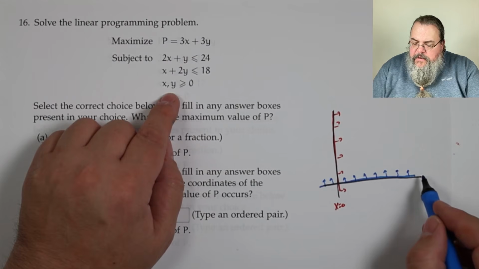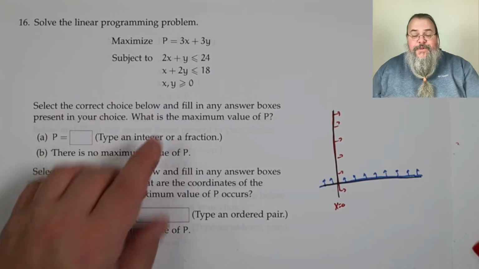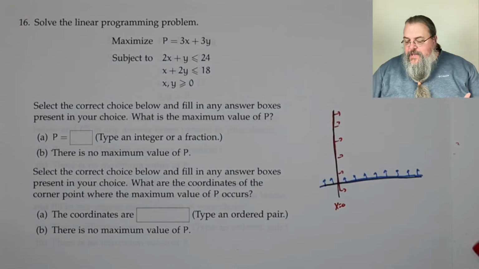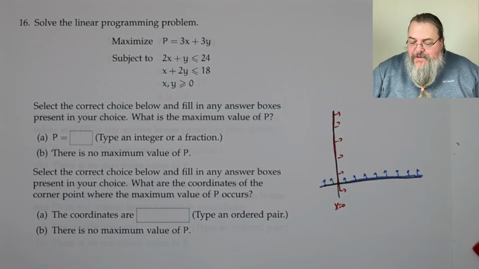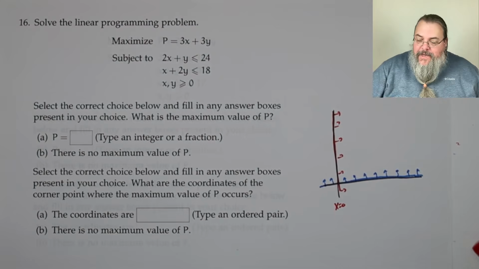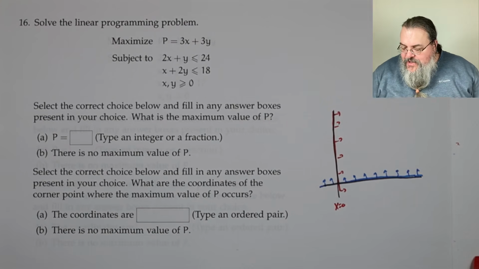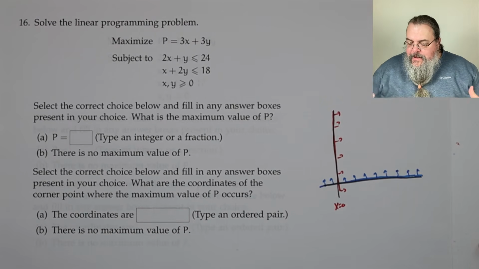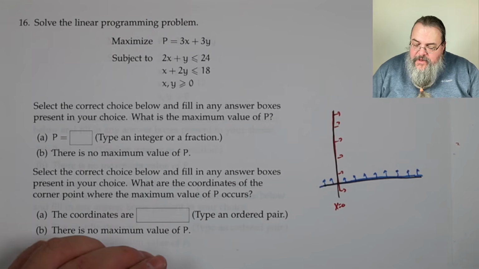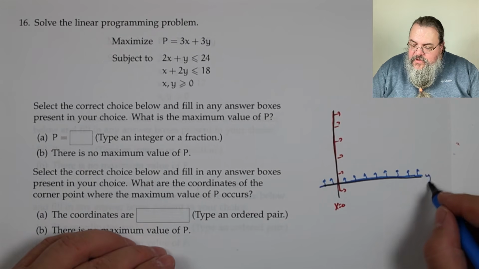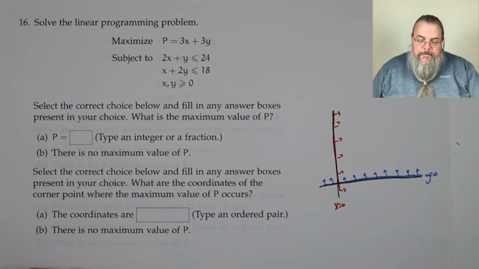These are very common assumptions because oftentimes these problems arise where x and y represent things which can't be negative. Like I can't unbuild something. I can't have negative time. The quantities they represent just have to be non-negative. So these are ones you just anticipate them being there.